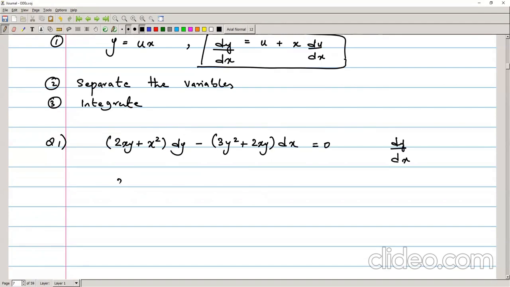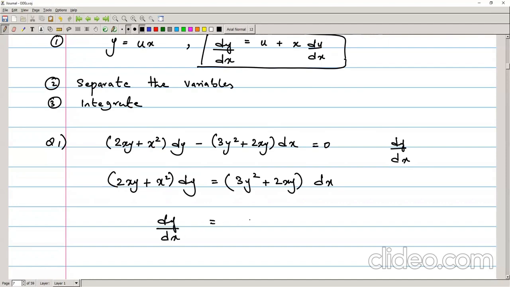Therefore, we should move one of the terms to the right hand side, so it will be 3y squared plus 2xy times dx. Then we want to write in terms of dy over dx, so it will be equal to 3y squared plus 2xy divided by 2xy plus x squared.